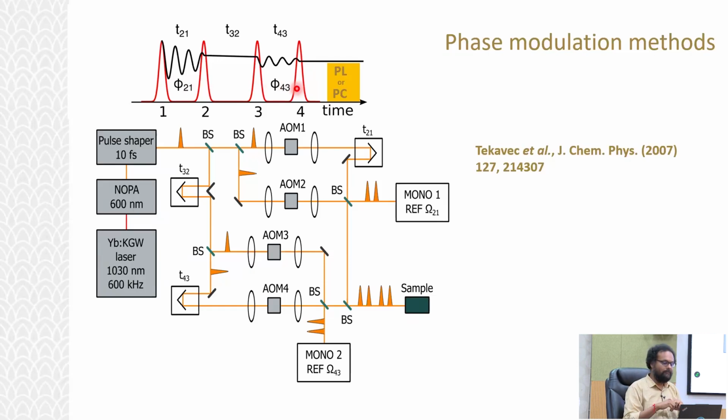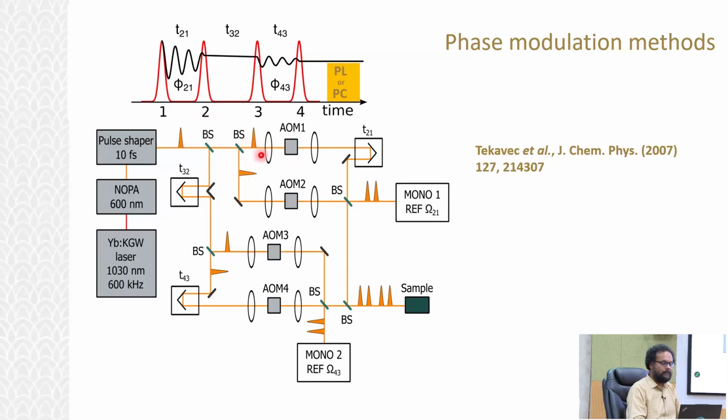How is that possible? So the way this is done is that you come with your NOPA output, you have a pulse shaper to compress the pulse in this case, you have a beam splitter, you split it into two parts. In one part, you go through again another beam splitter, you generate your first two pulses.